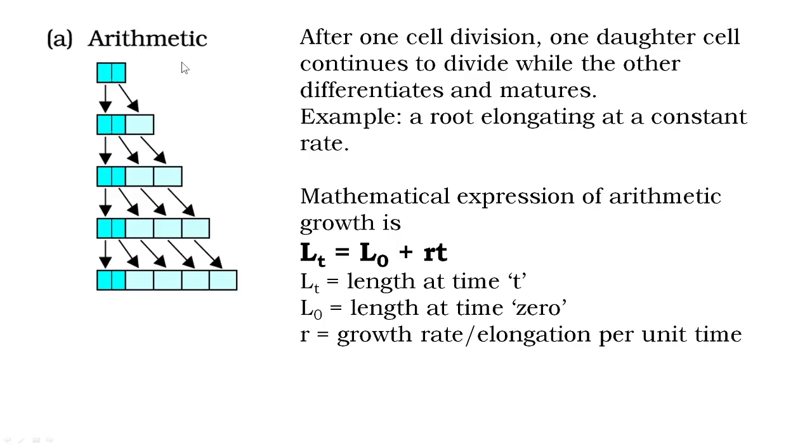We are talking about plants, and plants grow through cell division and cell growth. So in the arithmetic form of growth rate, when a cell divides, after one cell division, one of the daughter cells continues to divide while the other differentiates and matures.